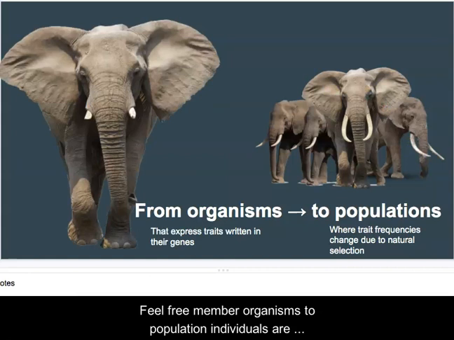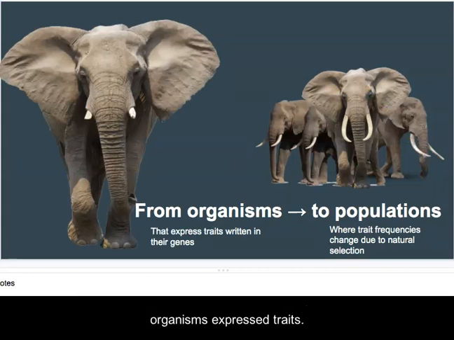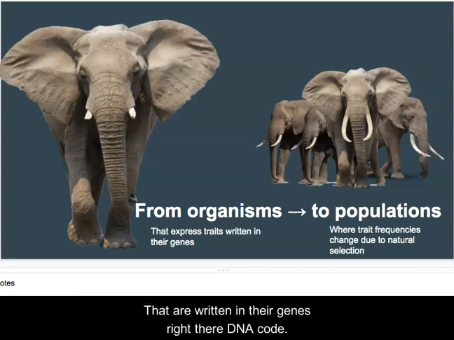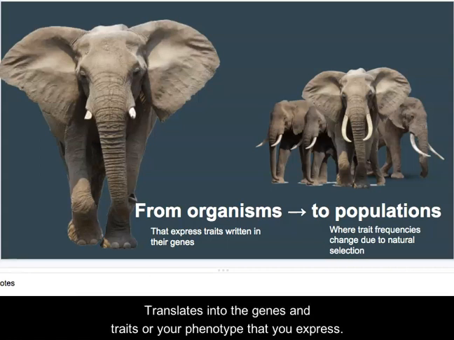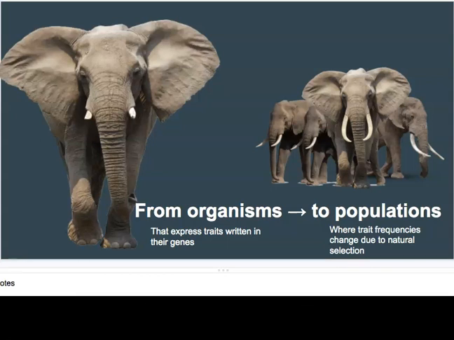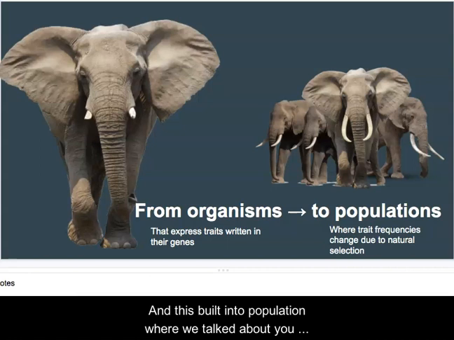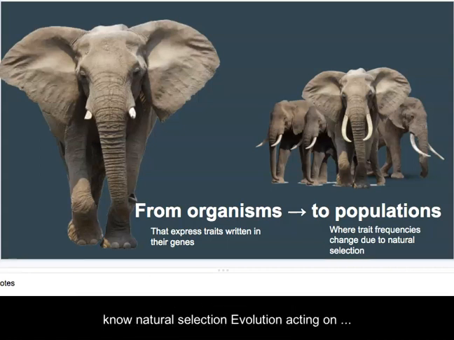So if we remember organisms to populations, individuals or organisms express traits that are written in their genes, right? Their DNA code translates into the genes and traits, or your phenotype, that you express. And this builds into populations, where we talk about natural selection, evolution acting on populations.